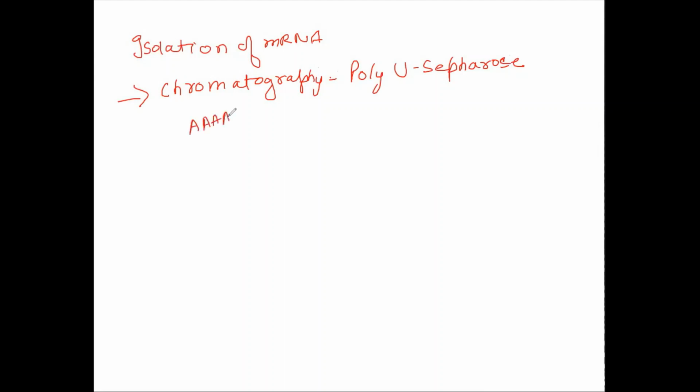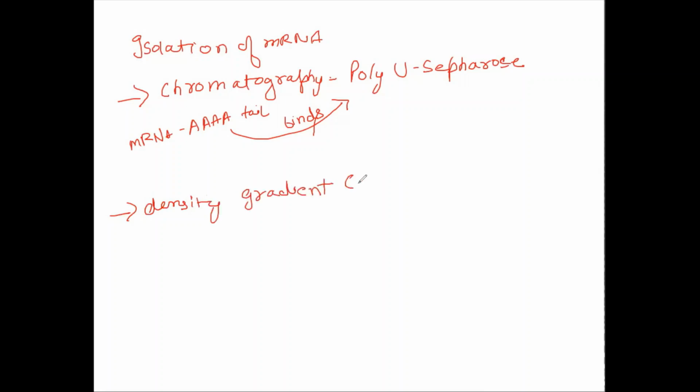If you remember, mRNA has a poly A tail. This poly A tail binds with the poly U of the chromatography, and hence the mRNA is retained. You can also use density gradient centrifugation to get a huge amount of mRNA. So these are the basic methods for isolation of mRNA.